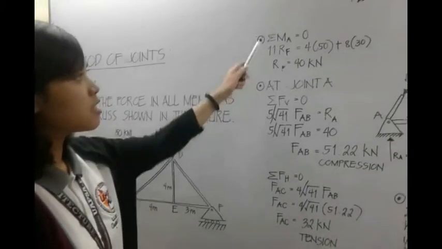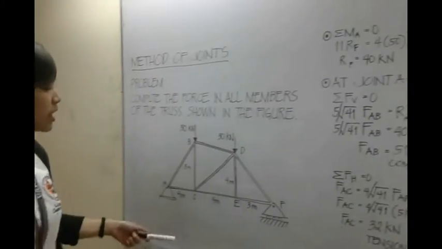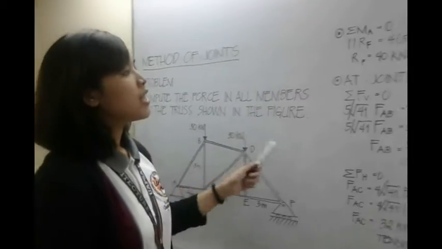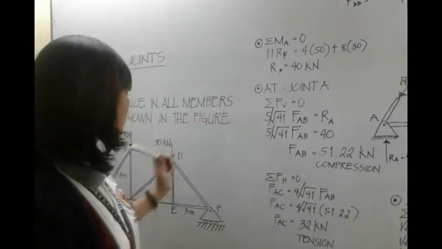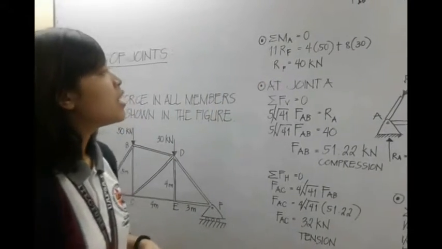The first thing to get is the moment. Since the figure shown is static, we can conclude that the summation of moment at A is equal to 0.